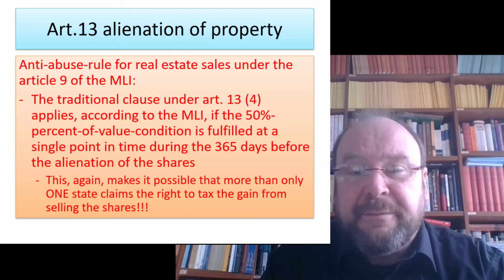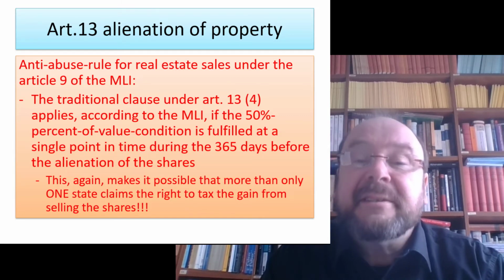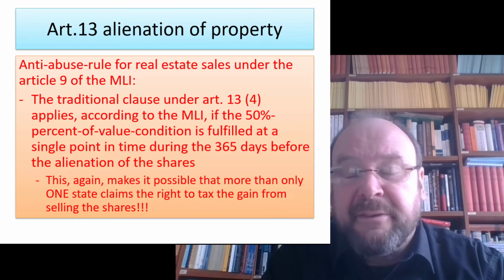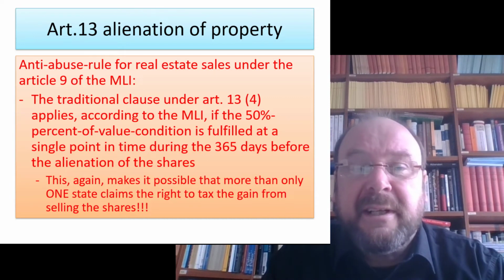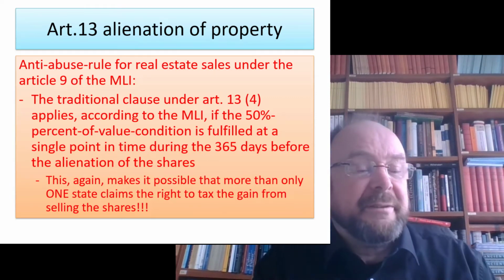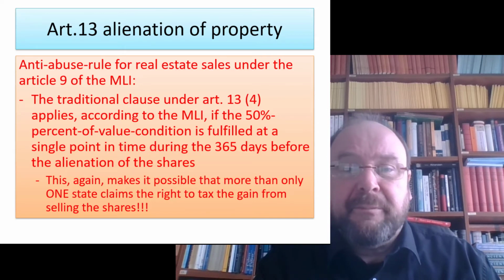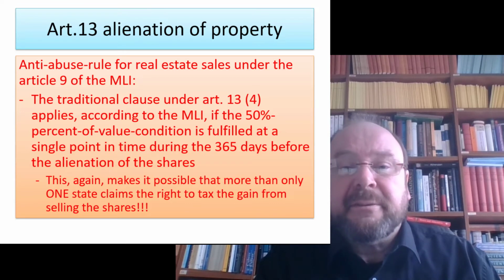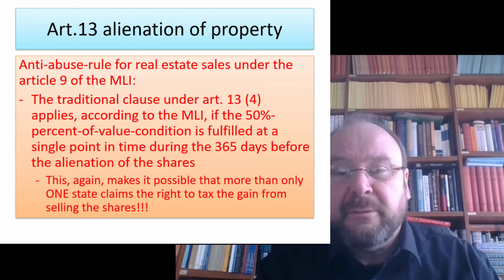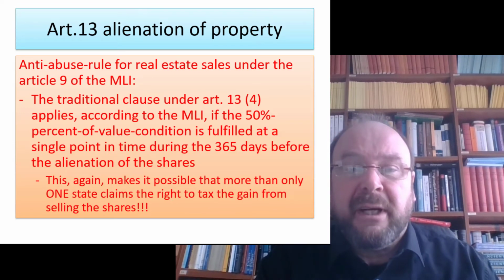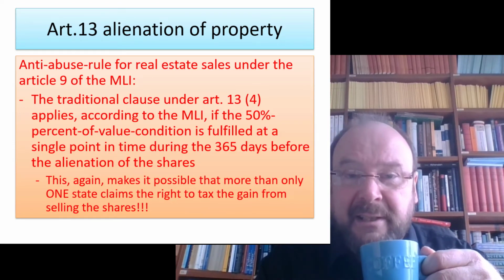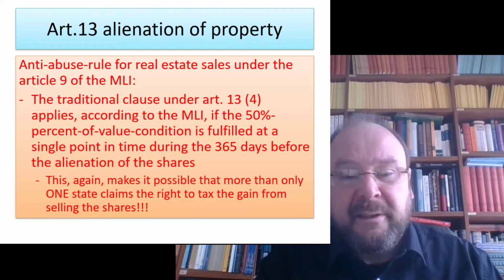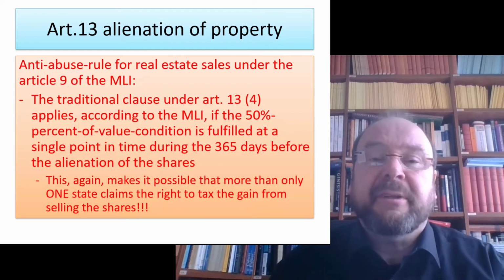Then you have in the first days in the 365 days period, country A fulfilling the 50% threshold because there is only that house in state A with a value of 500,000 and no other asset. Later, the house in state B comes on top with 1 million, that's more than 50%. So also under the treaty, state B could claim the right to tax the sale gain from the shares. So more than one state alone could claim that right.